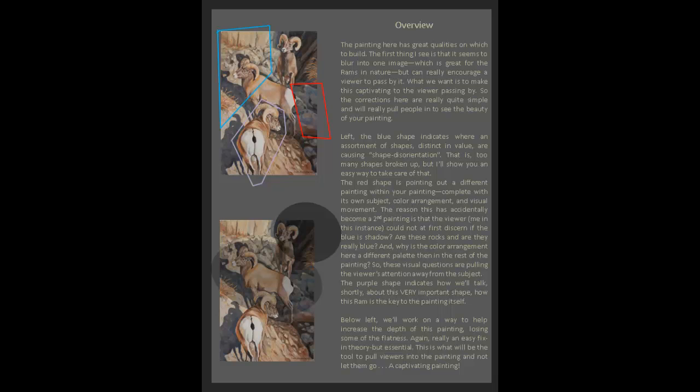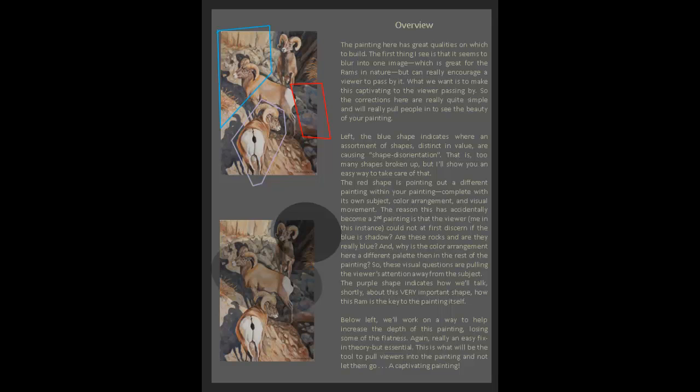To the right, there is a red shape that points out what I felt was the start of a different painting altogether. I see blue painted in the shadows of these rocks, and yet that blue does not take place in the shadows of the rams. And so there are two different shadow paradigms going on, and that began to split the painting.